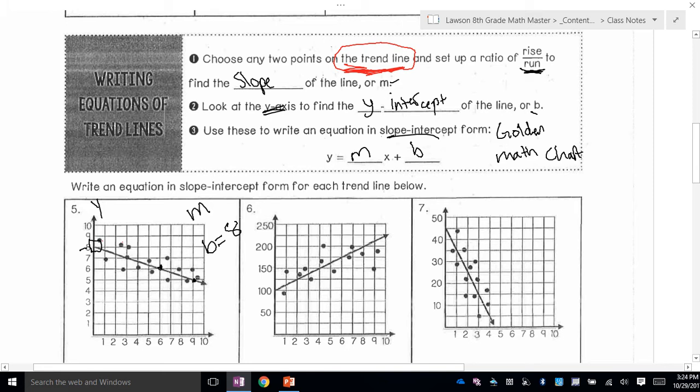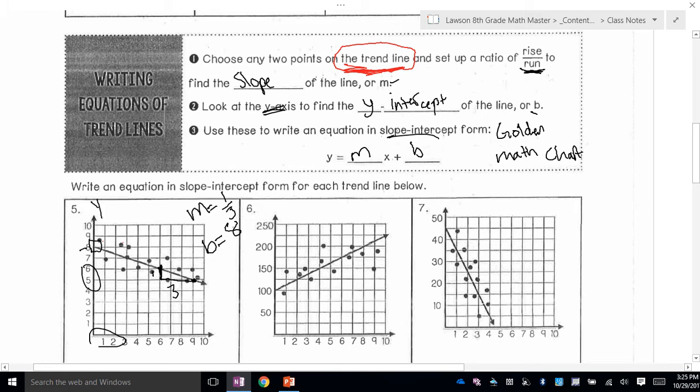I'm going to need to draw my rise over my run, my right triangle. Always check your axis to see what they're counting by. They're both counting by 1, so we're good. I have a rise of 1 and a run of 3. So my slope is going to have a rise of 1, a run of 3.